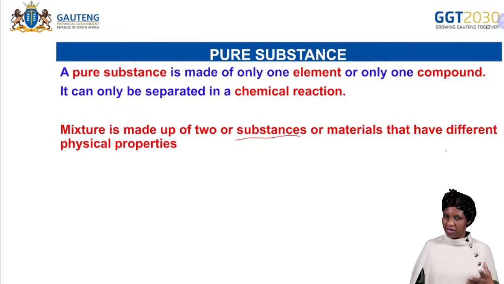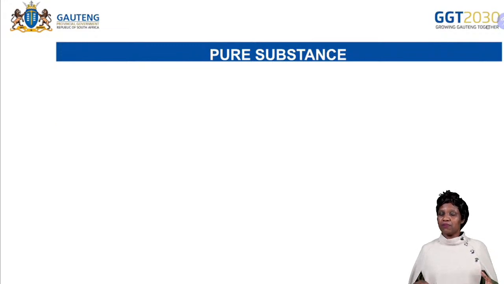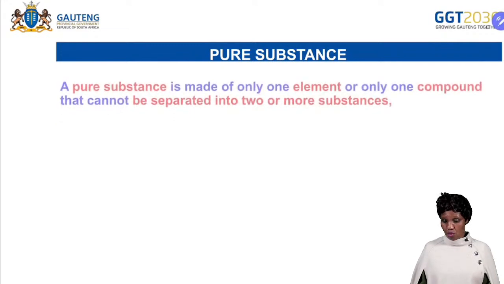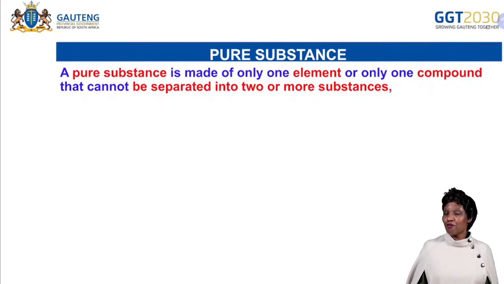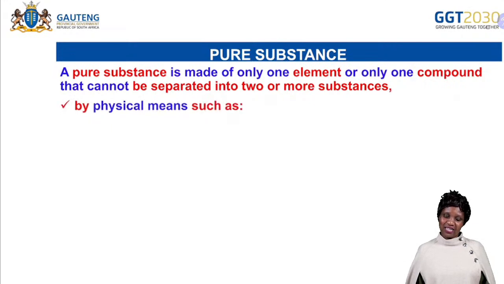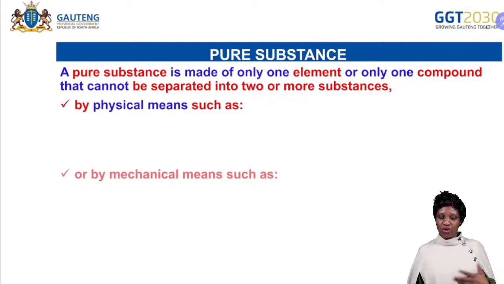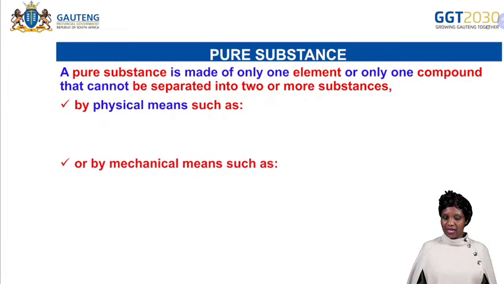This is a mixture. It is made up of two or even more. And then a pure substance is made up of only one element or only one compound that cannot be separated into two or more substances by physical means or even by mechanical means.